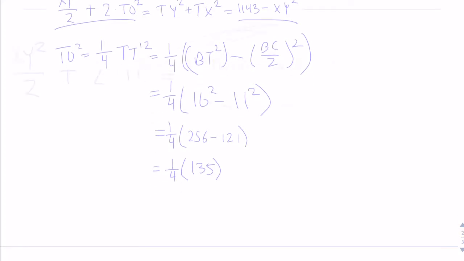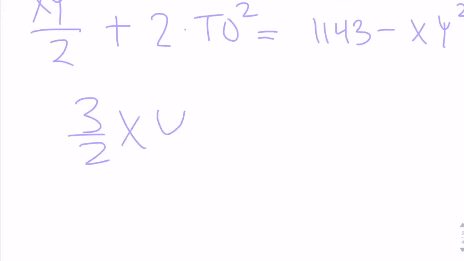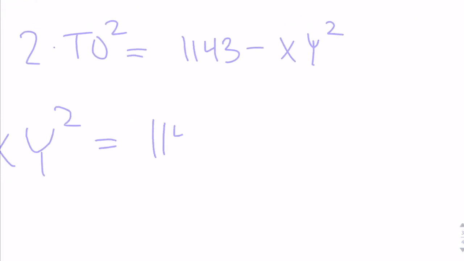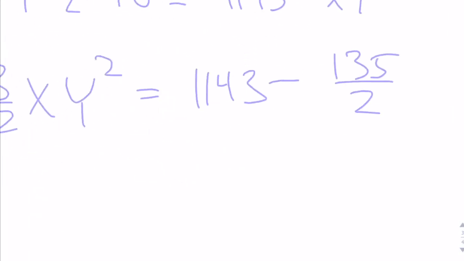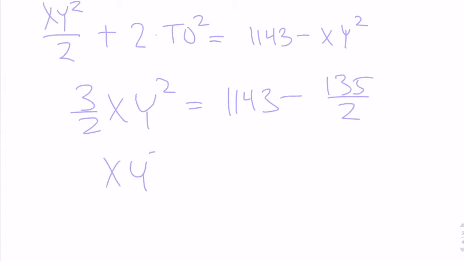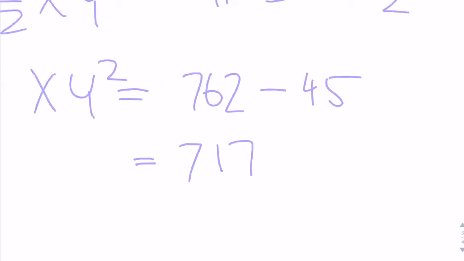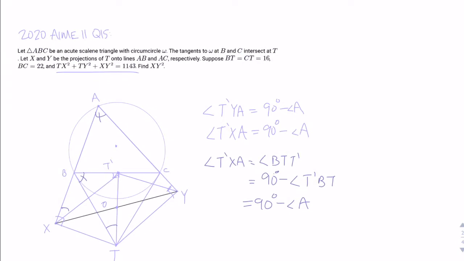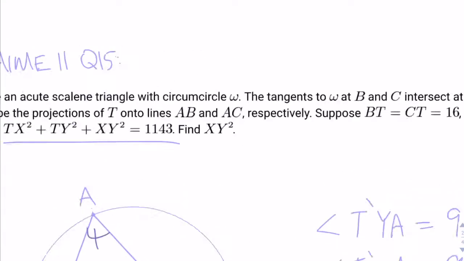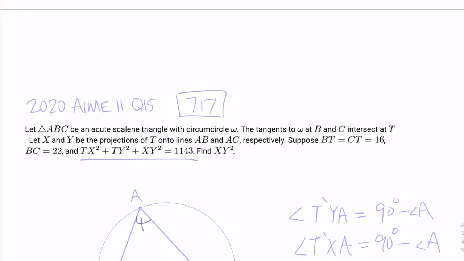Therefore, we can plug in our numbers and get that 3/2 times XY squared is equal to 1143 minus 135/2. Finally, XY squared is equal to 717. And remembering that XY squared is our desired quantity, our answer is 717. So we are done.